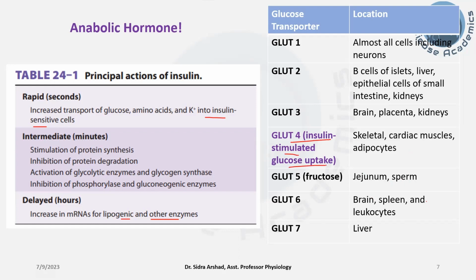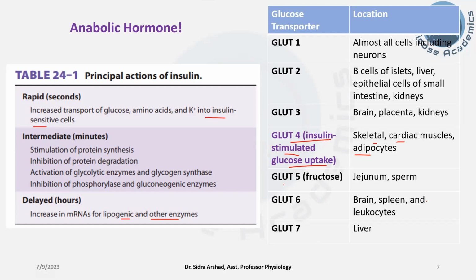So one of the actions of insulin in certain cells, especially skeletal and cardiac muscles and adipocytes, was that it causes translocation of glucose transporter 4 into the cell membranes of these cells so that they can take up glucose. So by this facilitated transport of glucose into the cells by glucose transporter 4, which is found in abundance in the cell membrane in the presence of insulin in these cells.